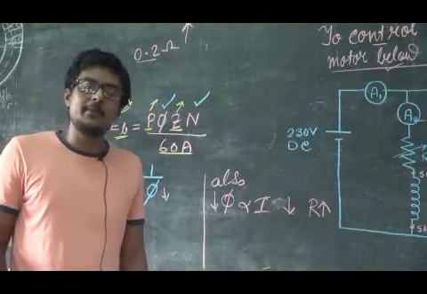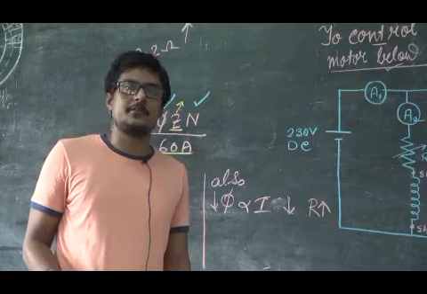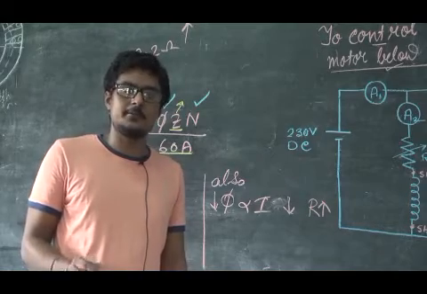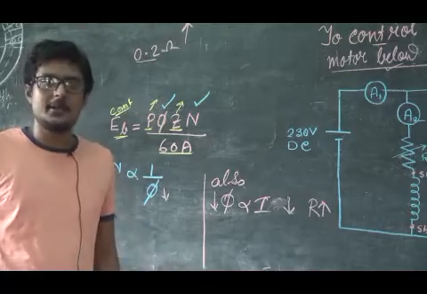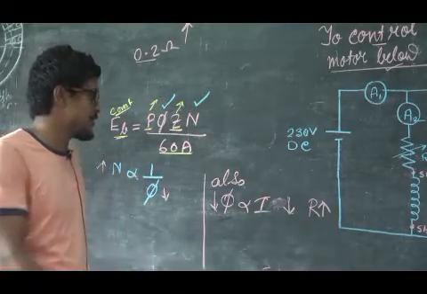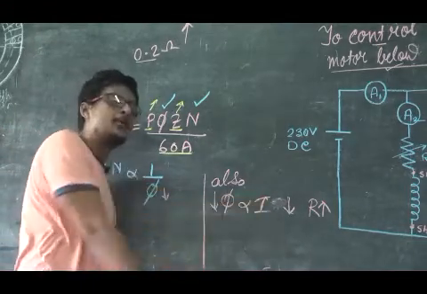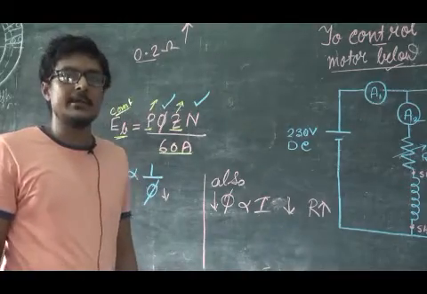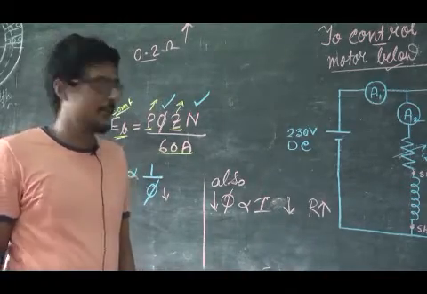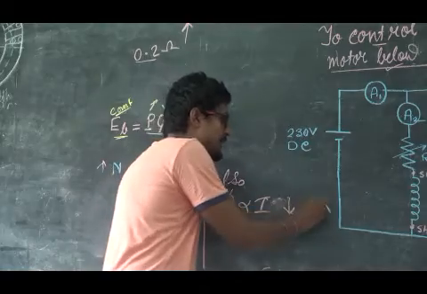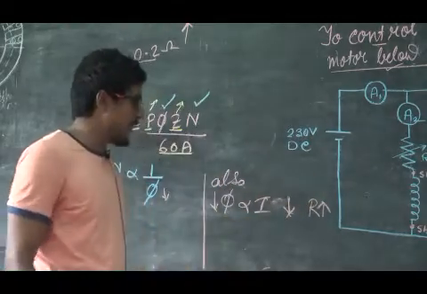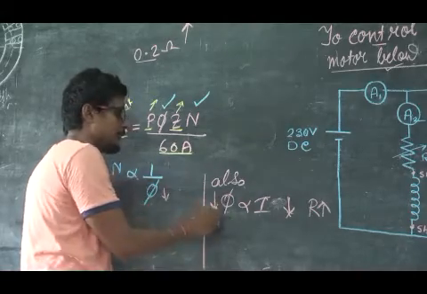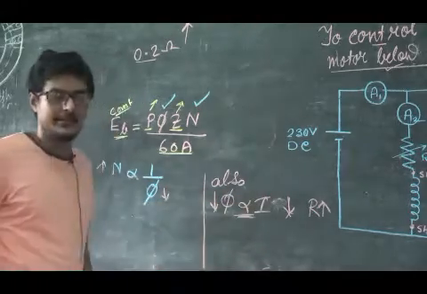Once more, we cannot make the field winding of zero resistance. That is not possible. What we can do is add additional resistance to it. When you add additional resistance to the field winding, its total effective resistance will rise, and since the rise in resistance causes the current to go down, the flux will also go down because of their direct proportional relationship.